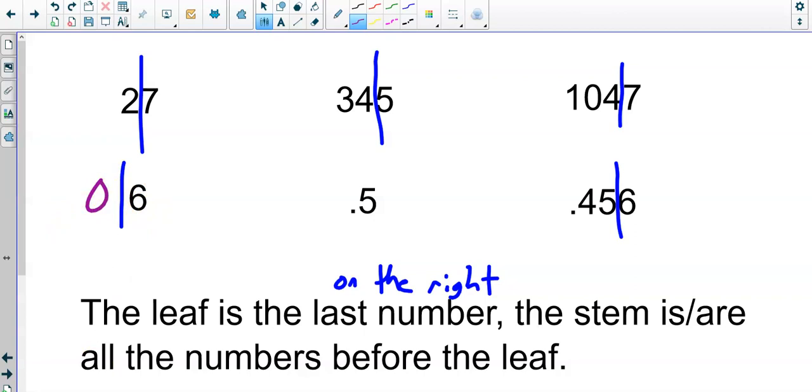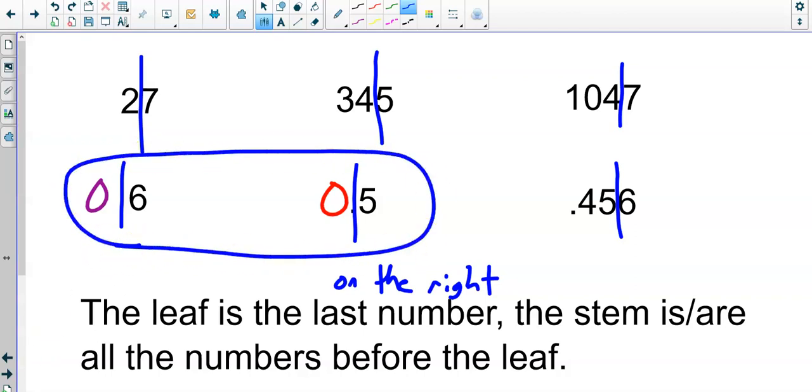Over here, you can think about the same thing. I put 0.5, but what number is really in front of the point? A 0. So if 5 is my rightmost number and I cut it, my stem is 0. Now this is why we have a key, because notice these two right here look the same. 0|6, 0|5.